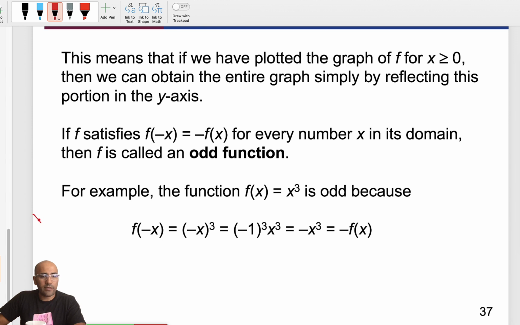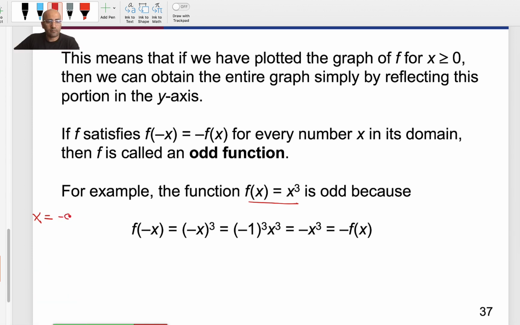We want to evaluate this function. We want to let x equal negative a. Then we end up with f of negative a is negative a cubed, which gives you negative a cubed, right?